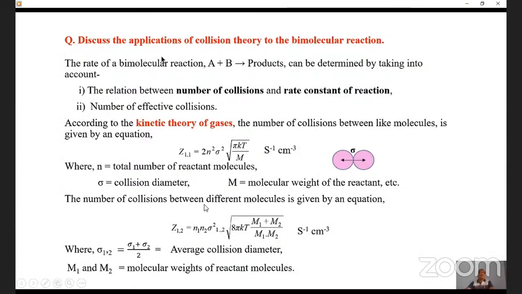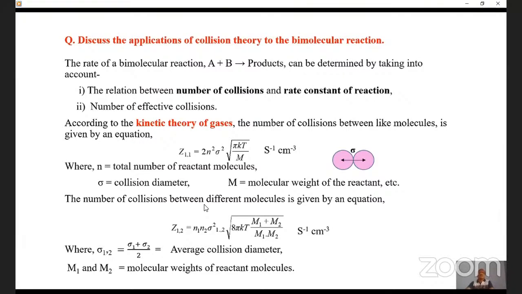Now this collision theory can be applied to study the rates of a bimolecular reaction, as we have already discussed about the molecularity of a reaction. Whenever two reactant molecules, say A and B, take part in the step leading to the formation of a product, we call that reaction a bimolecular reaction.